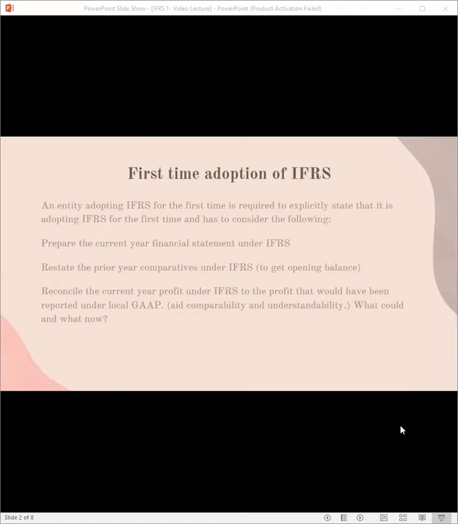Any company that adopts IFRS for the first time is supposed to explicitly state that it is adopting IFRS for the first time. In the annual reports and the financial statements, a very clear and obvious statement should be made that the company has adopted IFRS for the first time.